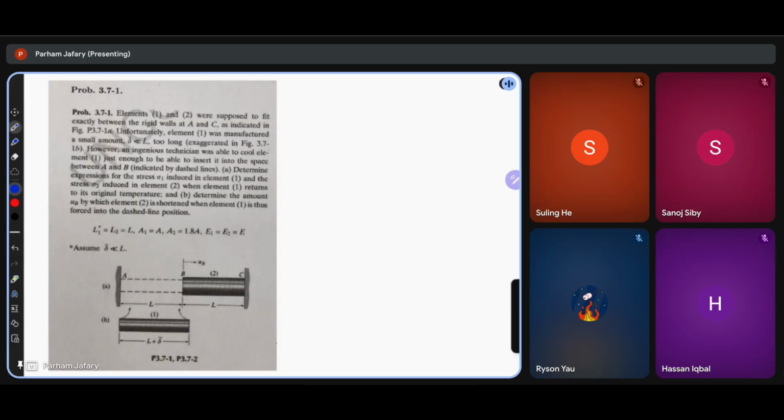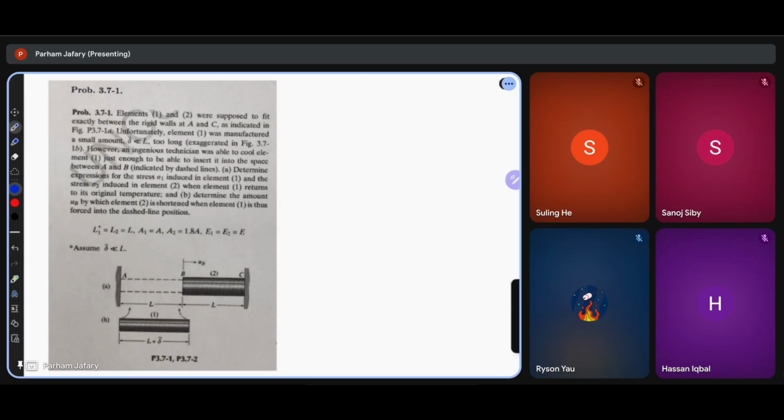Okay, any ideas on how to solve it? Stressful, right?